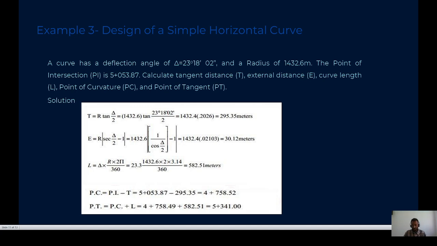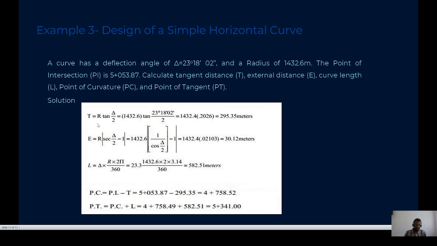The point of intersection is 5 plus 053.87 station. The required parts are the tangential distance, external distance, curve length, point of curvature, and point of tangent. Now the solution.